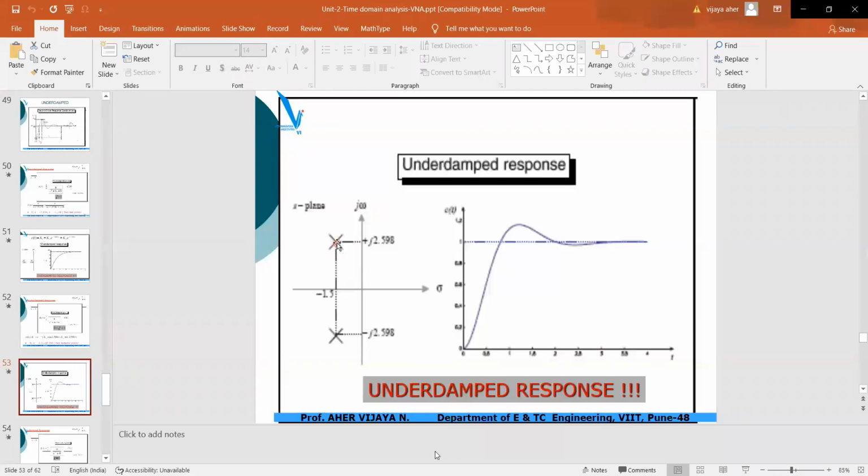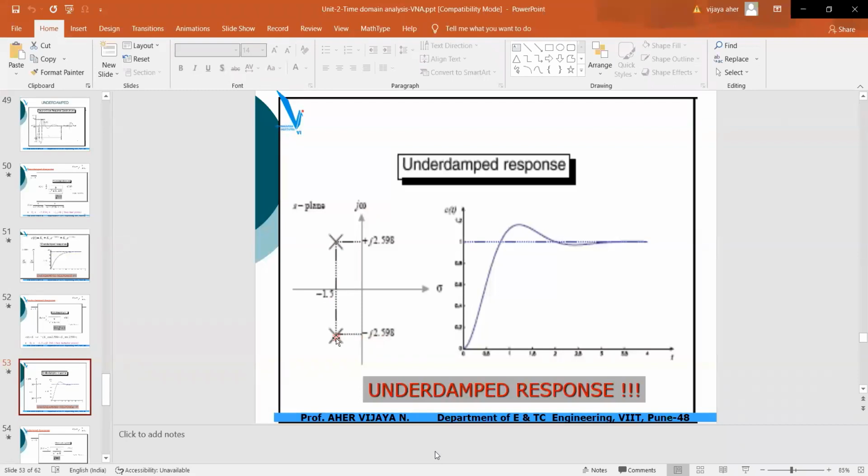So the first pole is located over here in the S plane. The second pole is located over here. The real part remains the same, but the imaginary part has the same magnitude in the reverse direction, minus 2.598j.